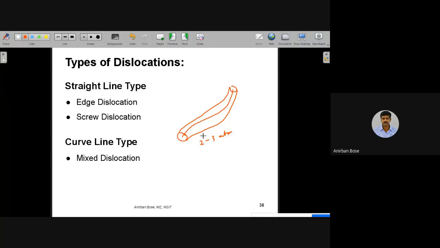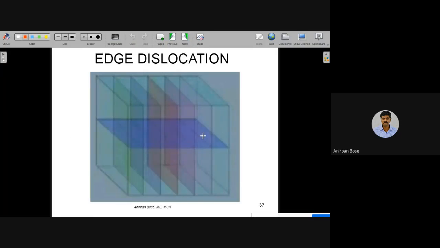So first we'll see the straight line defect, edge dislocation, then we'll see screw dislocation, and finally we'll see mixed dislocation. So first let us try to understand what is edge dislocation. To understand this, let us assume that a set of vertical planes, as you can see here, has been shown.